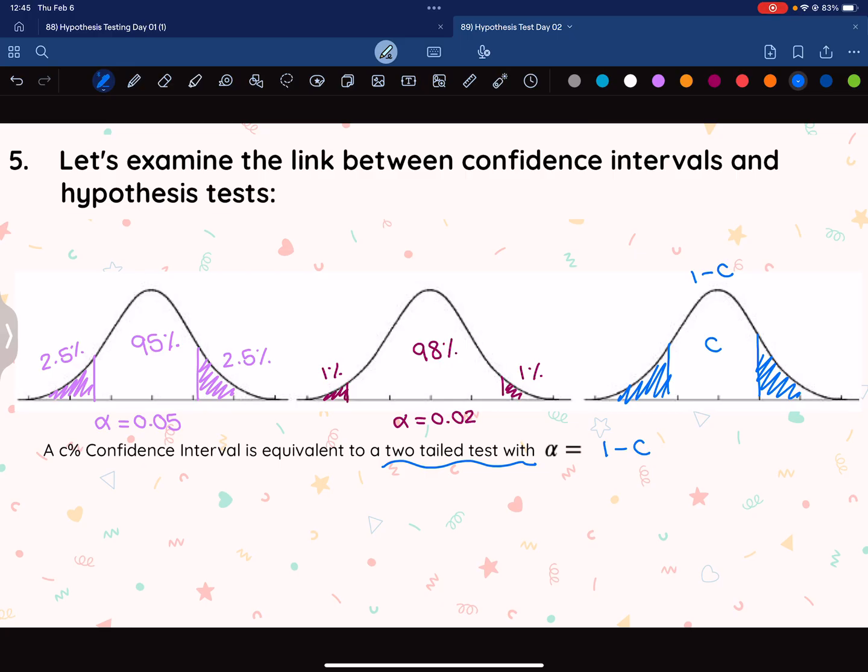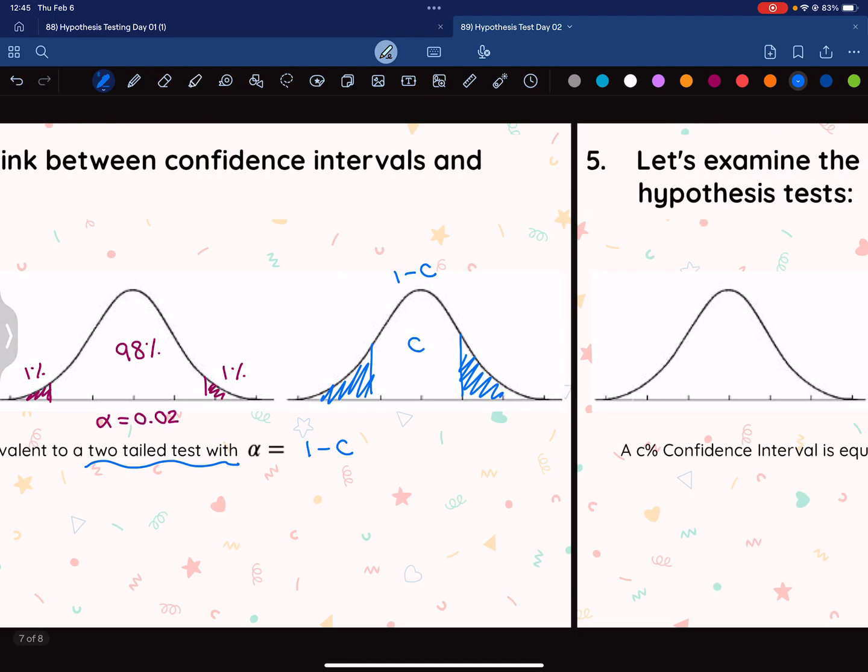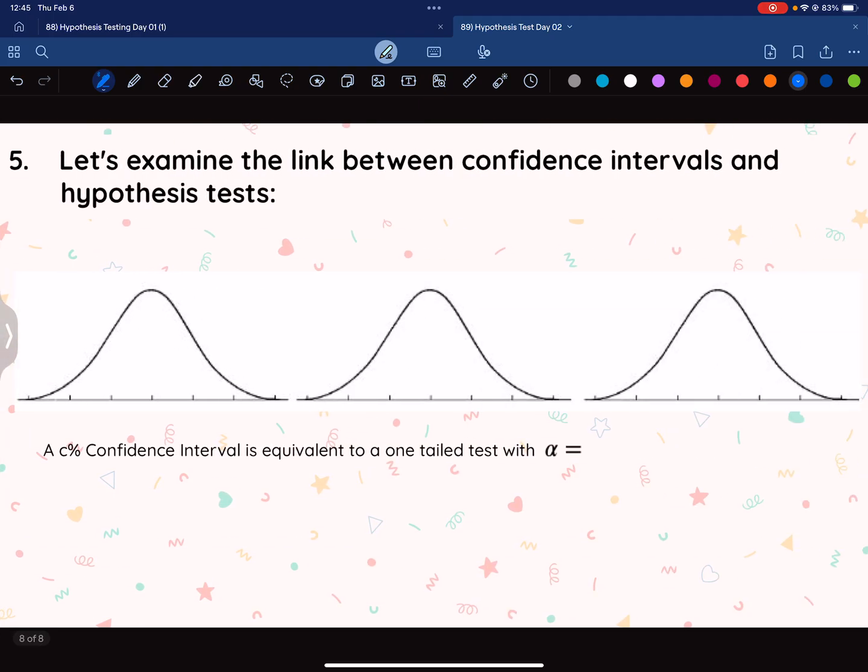Now, the only other thing is if this was a 1-tailed test, so bringing it back to my 95, while there's 95% in here, let's say I'm doing less than. Remember, this was only 2.5%, the other 2.5% is over here. Now my alpha is just this 2.5%, or the 0.025.